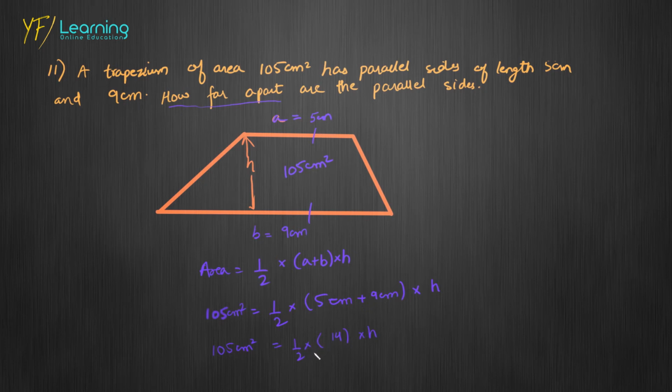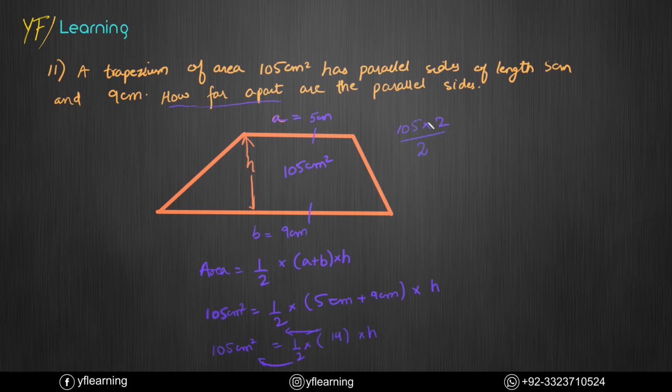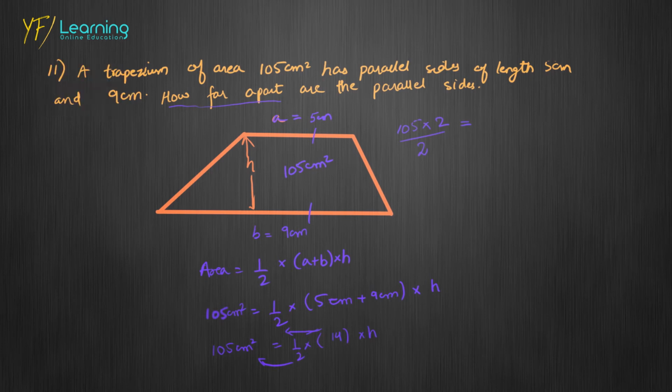1 over 2, actually 2 divides here, so when you shift 2 to the left side it multiplies by 105, and 14 multiplies here with h, so when you shift 14 to the left side it divides 105 times 2, and this whole thing is equal to height. 105 times 2 divided by 14 is 15 centimeter.